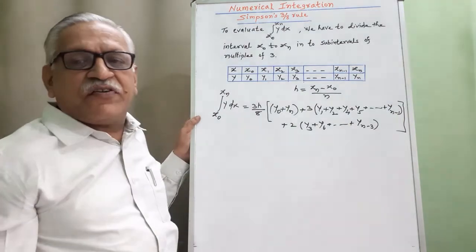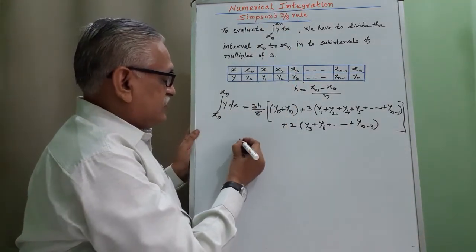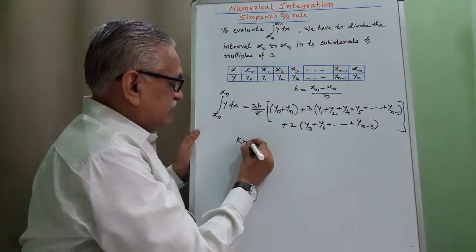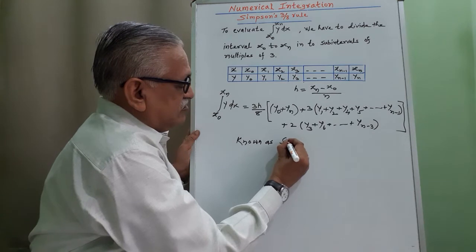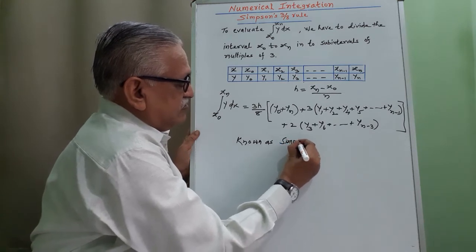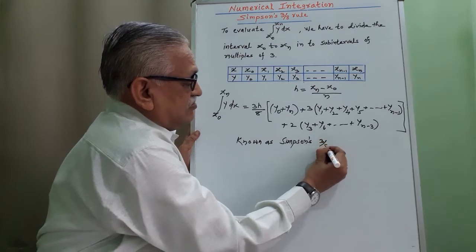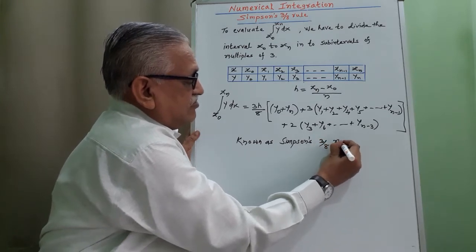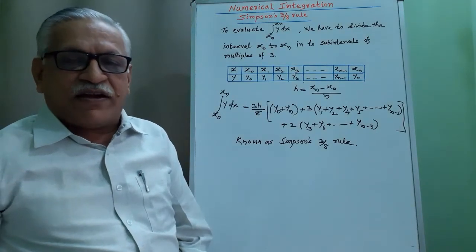Whatever formula I have written, it is the formula known as Simpson's 3 by 8 rule.